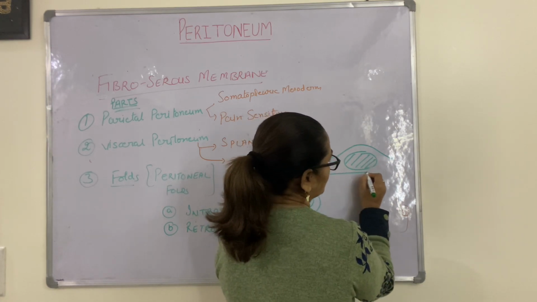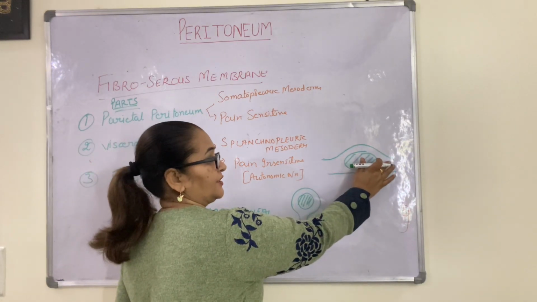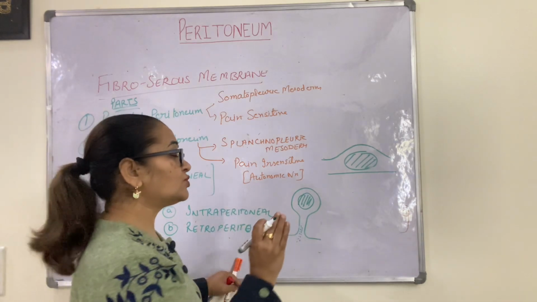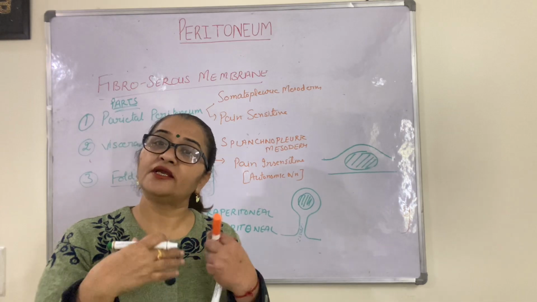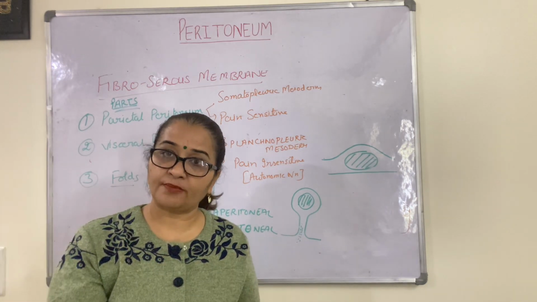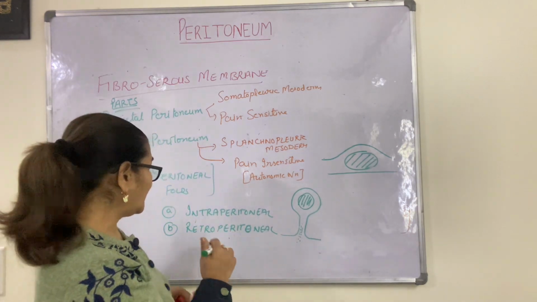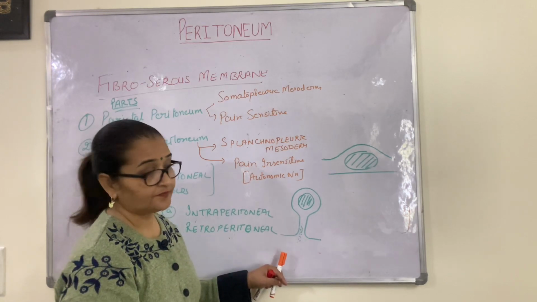So here is the posterior abdominal wall. Anteriorly it is covered by the peritoneum, posteriorly it is in relation to the abdominal wall. So partially you can say on the anterior side it is covered by it. It is lying outside the peritoneal sac. So these are retroperitoneal.